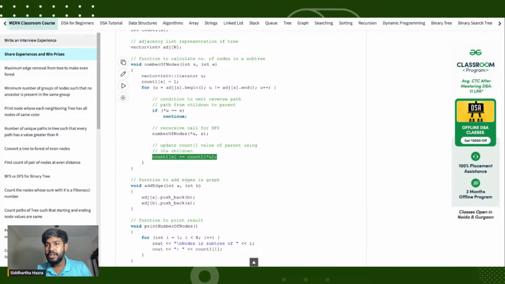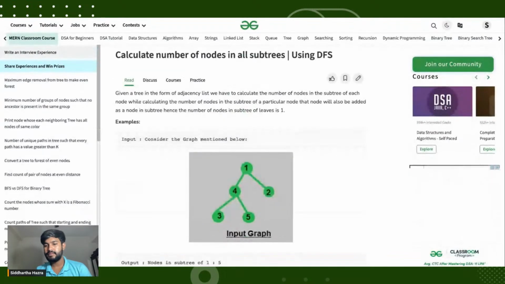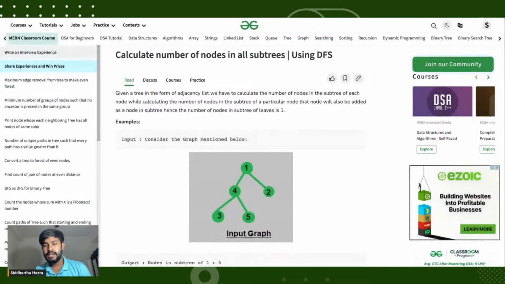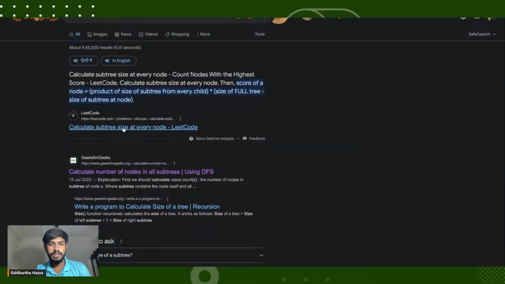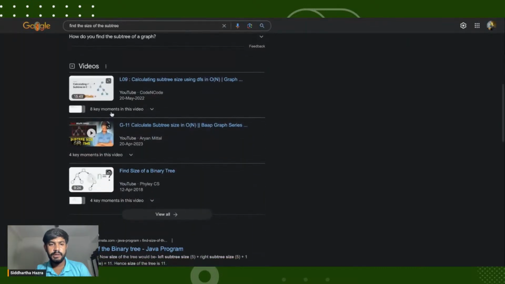You need to understand this one to understand the code of that one. Please send me the left skew tree. Yep, this is the question that you can simply read in other articles also. Like this is a very famous question. Subtree size of this. See, this is explained by many people.